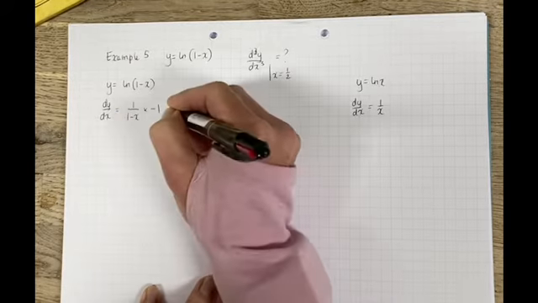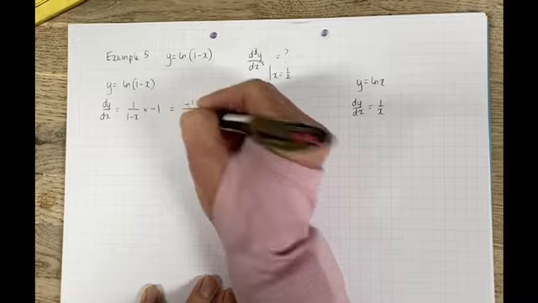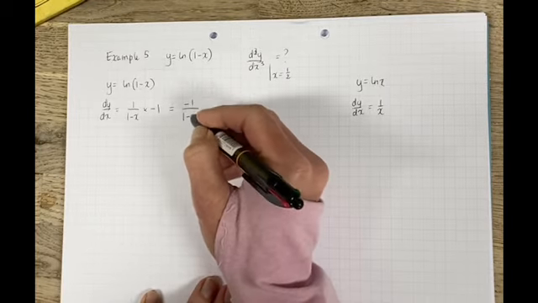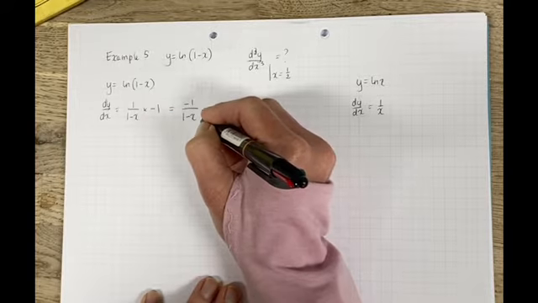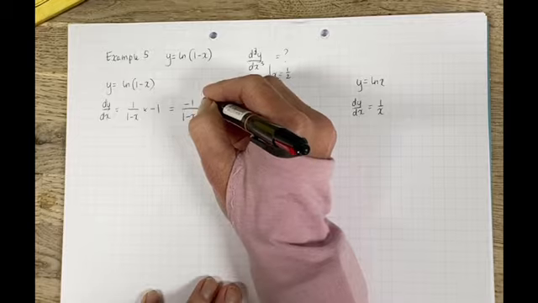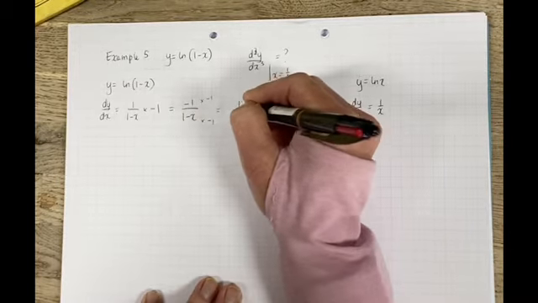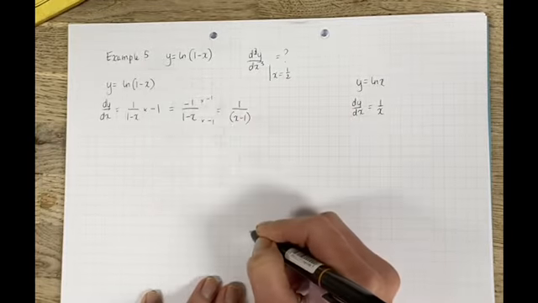You normally don't write this, you just put minus 1 straight in the numerator. Now the next step is to differentiate this, and it's easier to get rid of that minus 1, so I'm going to multiply the top and the bottom by minus 1. I will get x minus 1 on the bottom.